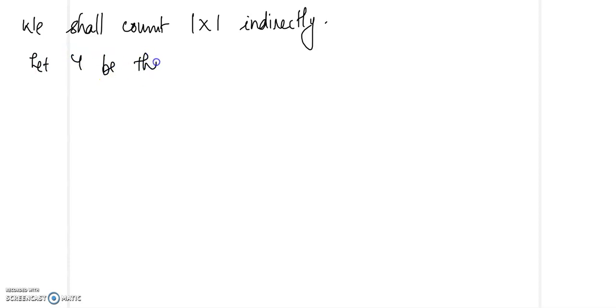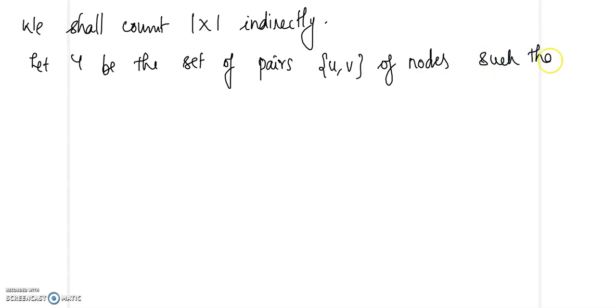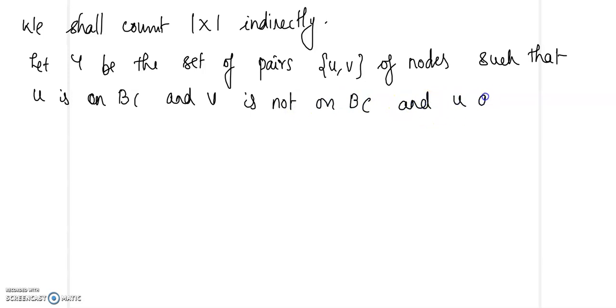Let Y be the set of pairs UV of nodes such that U is on BC and V is not on BC, and U and V are not on the same line.